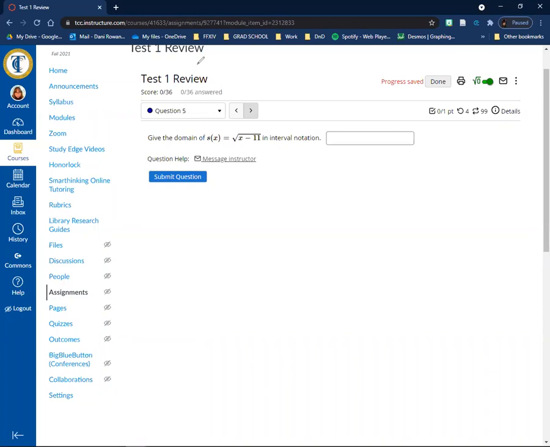Otherwise, we get into imaginary numbers. So since this, our x minus 11, has to be greater than or equal to 0, that's what we do. Or actually, we set it as it cannot equal 0.